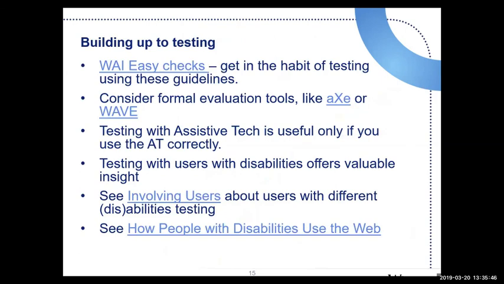And this is a good way to get in the habit of testing using the guidelines that we've just talked about. There are formal evaluation tools. I've put two here, Axe and Wave. And using these automated tools will help you assess the level of accessibility that you've reached, and they'll give you some questions that you'll have to answer yourself.